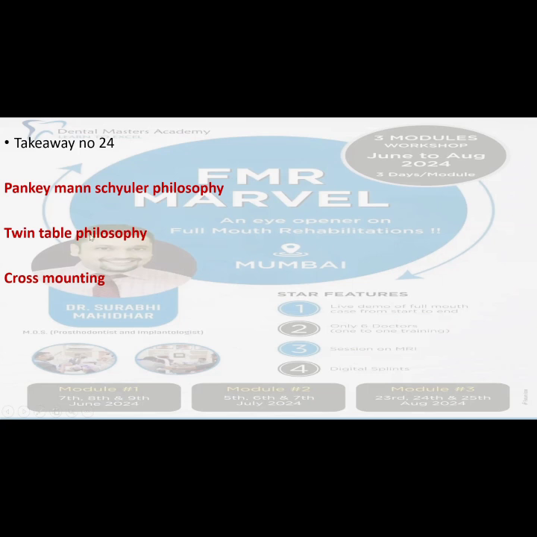I take the twin table philosophy. That is not required at this stage of the webinar, because clinically, the first Pscholer philosophy is more than enough. The twin table philosophy is slightly advanced when it comes to the FMR protocols.